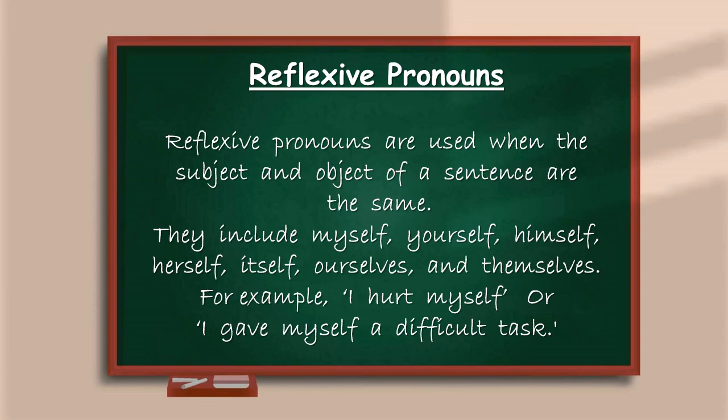For example, "I heard myself." If it is plural, then it would be "We heard ourselves." Another example, "I gave myself a difficult task." If you change it into plural, "They gave themselves a difficult task."